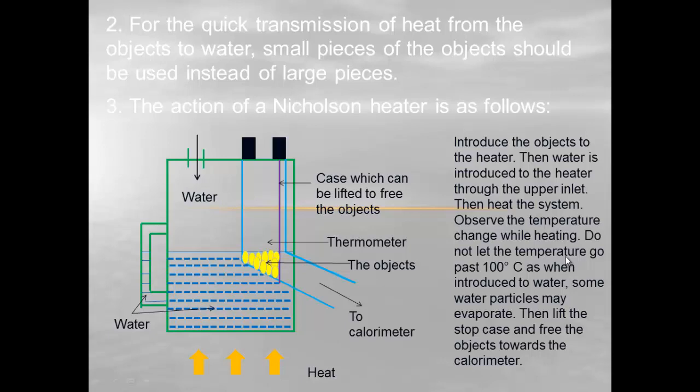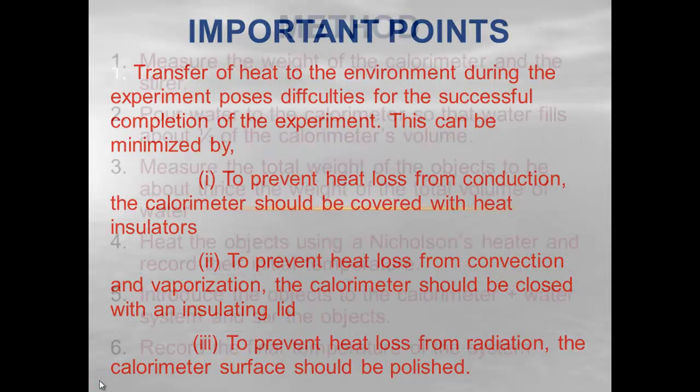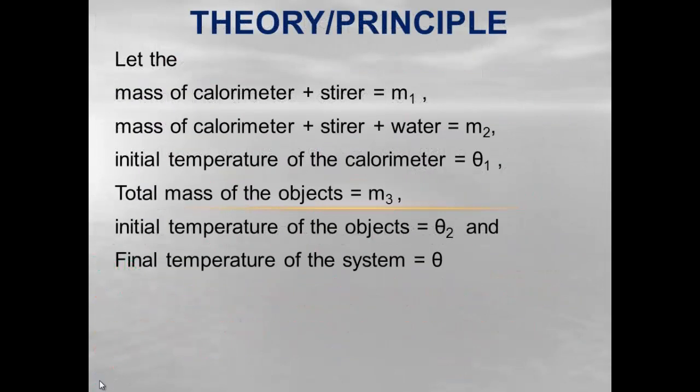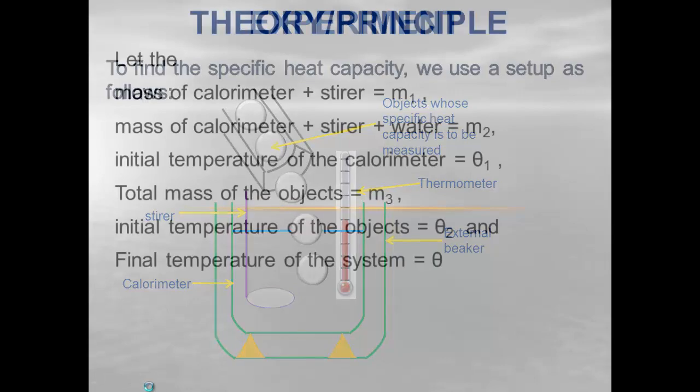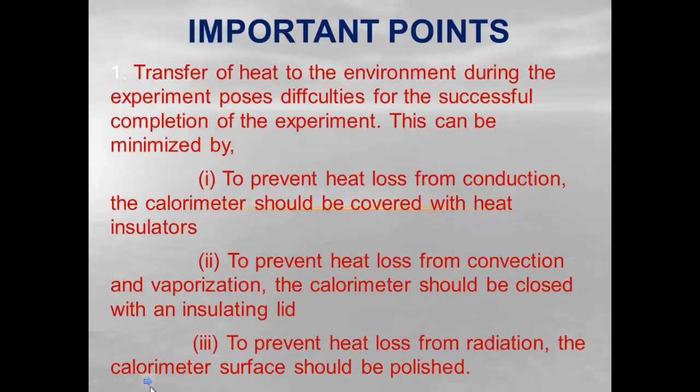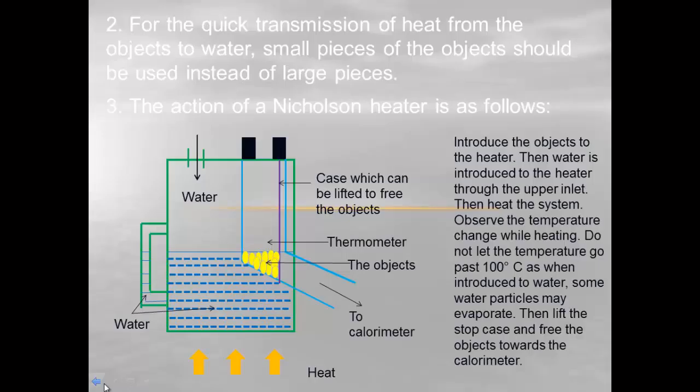As the final step, we keep the apparatus like that. This tube here is the outlet from the Nicholson heater that you see here. You now open or lift this lid so that the objects are free to move to the calorimeter.